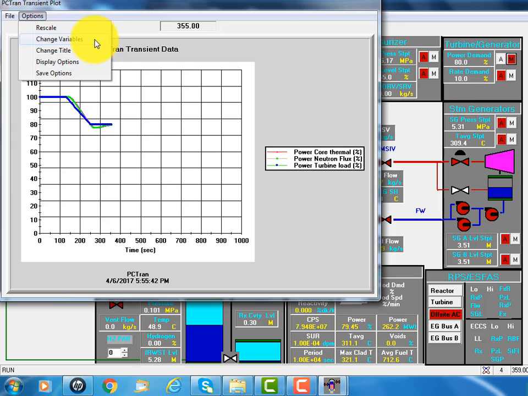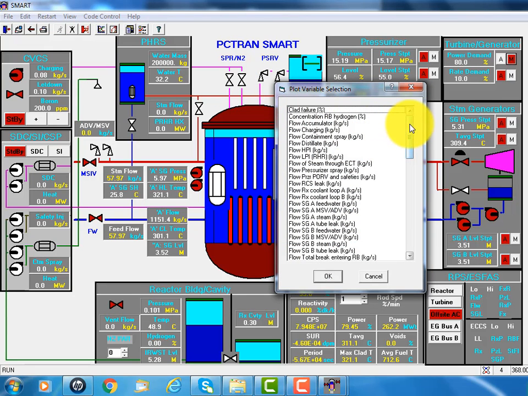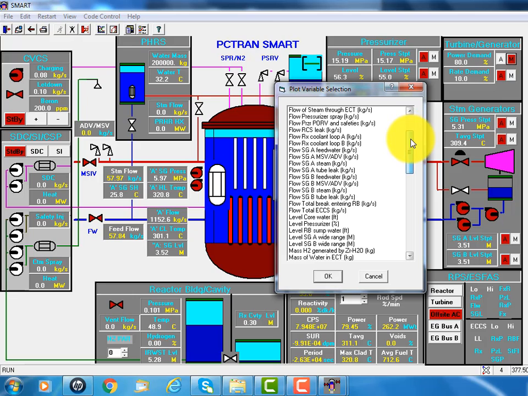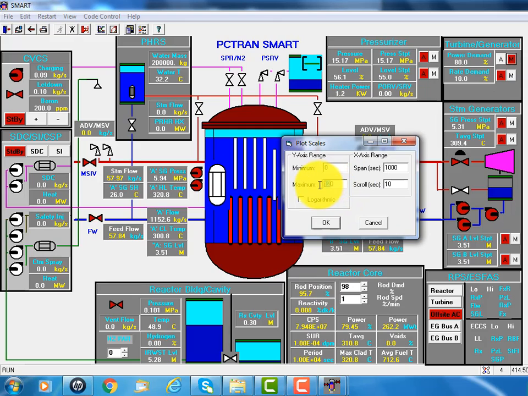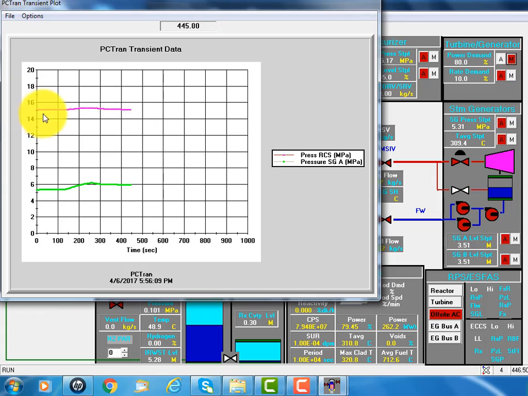And the pressurizer is controlled by the heater and the spray. So you see the pressure of the steam, the primary side and secondary side. Since the original pressure is about 15.5, I put the range at 20. You see the primary pressure almost constant, and secondary pressure slightly goes up because of the reduction of power, designed that way.